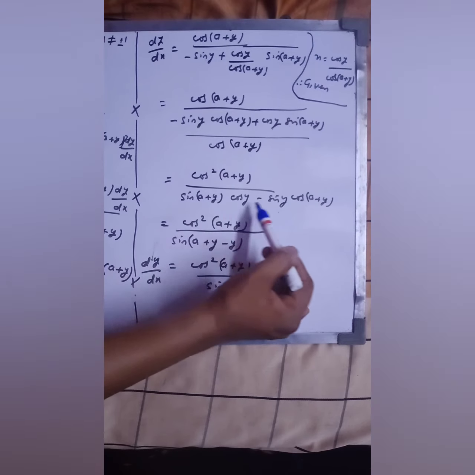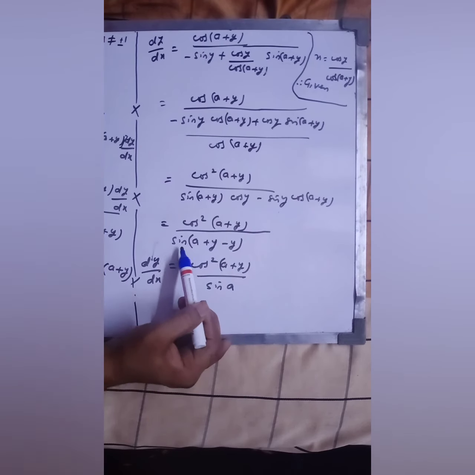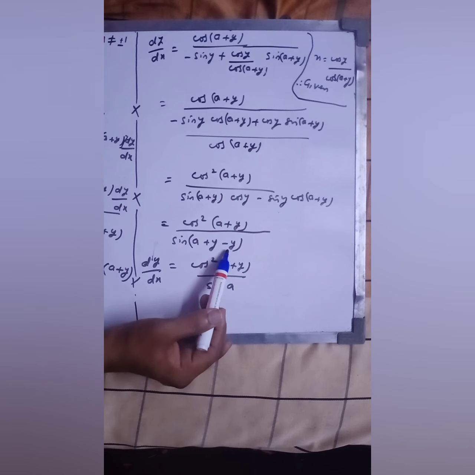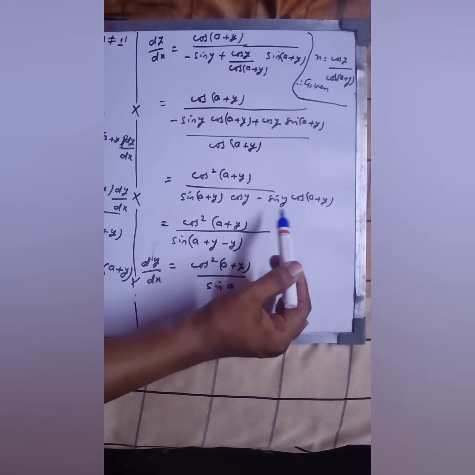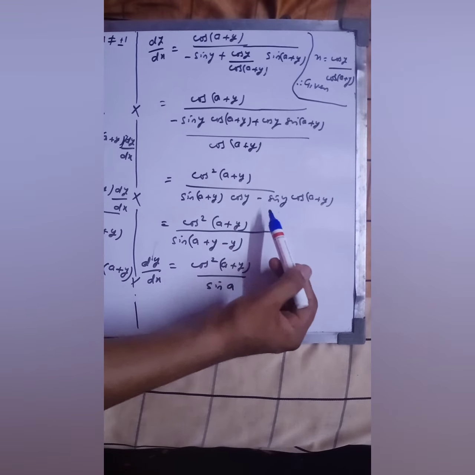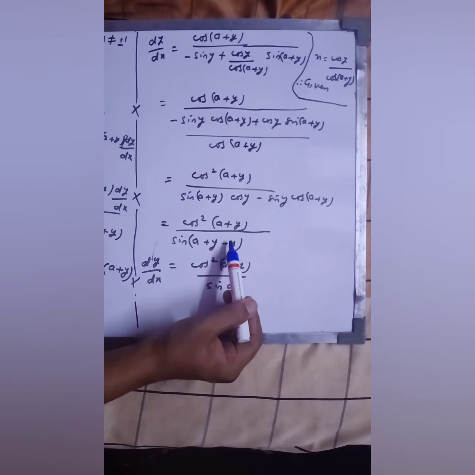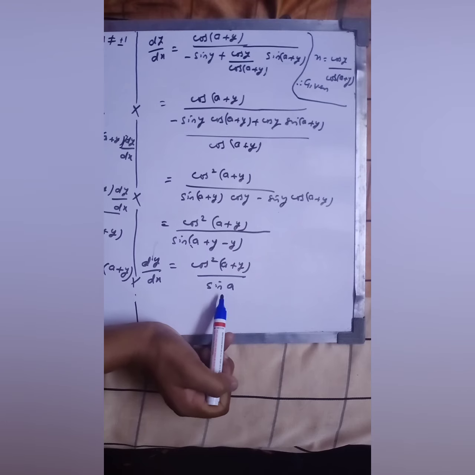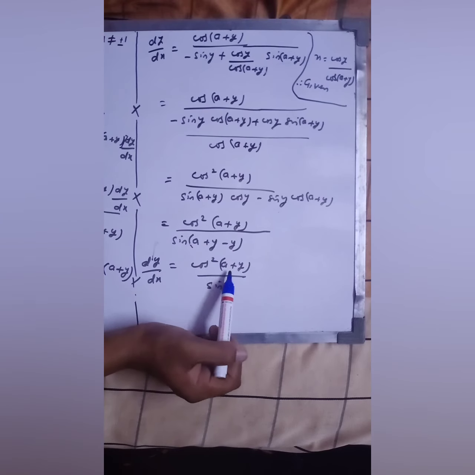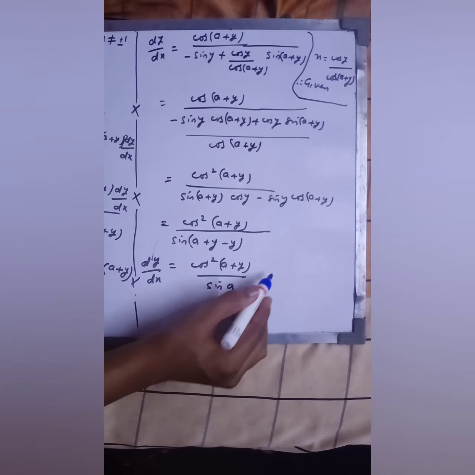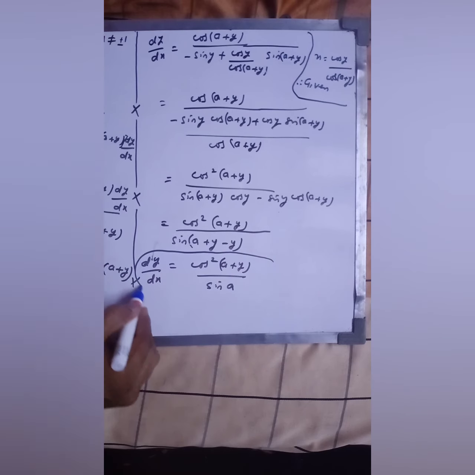And this is the formula for sin(a plus y minus y), the expansion of sin(a minus b). So I can write it like this, y and y will cancel out, it will give you sin a in the denominator, and the numerator part will remain the same. So this is what you had to prove.